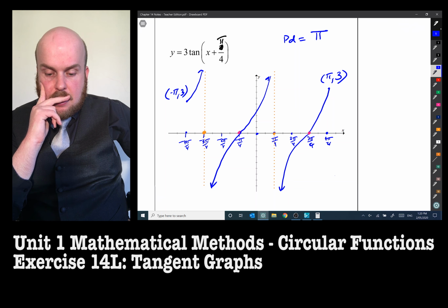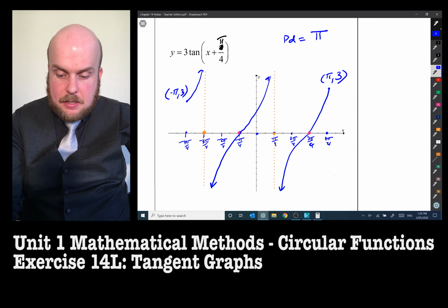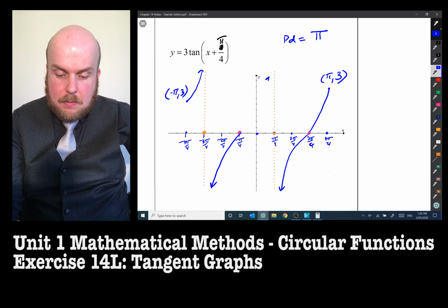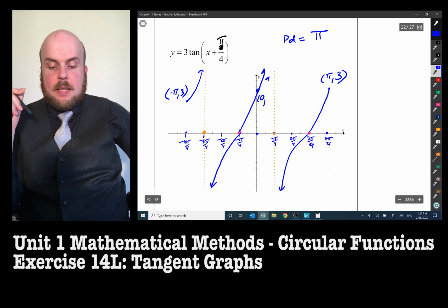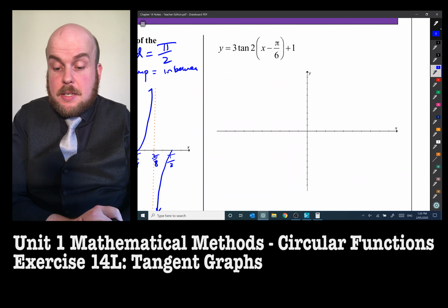And there you go. In fact, the y-intercept will be at the same place as well. So that'll be about here. So whoop, like that. And that'll be at 0, 3.